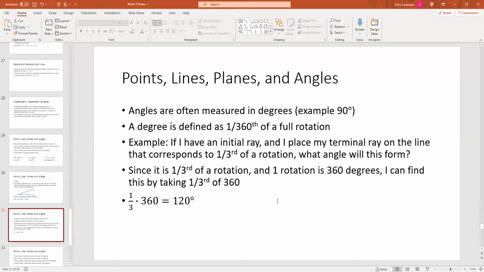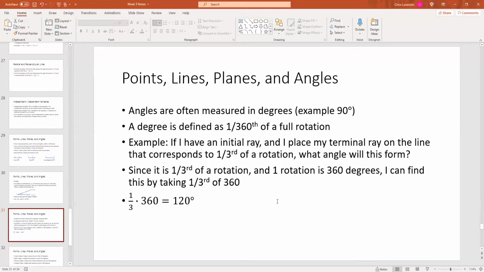So angles are often measured in degrees. Example, 90 degrees. And a degree is defined as 1/360th of a full rotation. So there are 360 degrees in a full rotation. We probably know that 360 degrees in a circle.